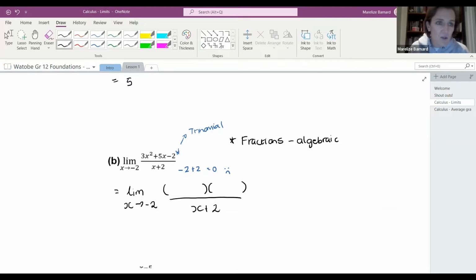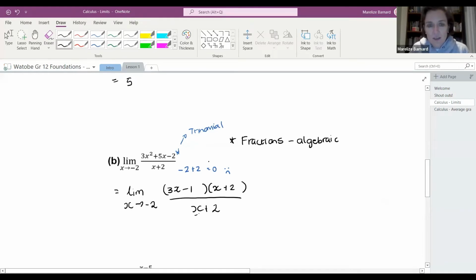X plus 2 and 3x minus 1. 3x minus 1, x plus 2. And I think that is most certainly right. 3x minus 1 and x plus 2.